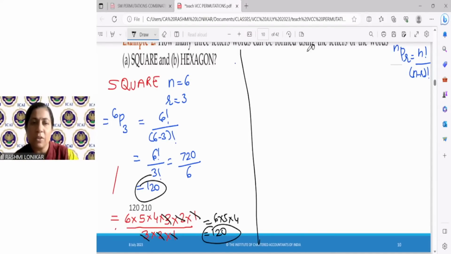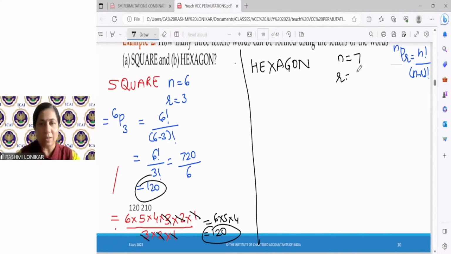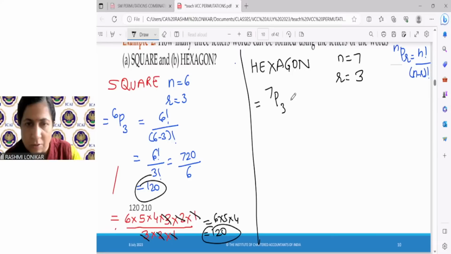Now, similarly, you have hexagon. How many are there? N is how much? 1, 2, 3, 4, 5, 6, 7. R is how much? I want to form 3-lettered words. So this is 3. So nPr, 7P3.